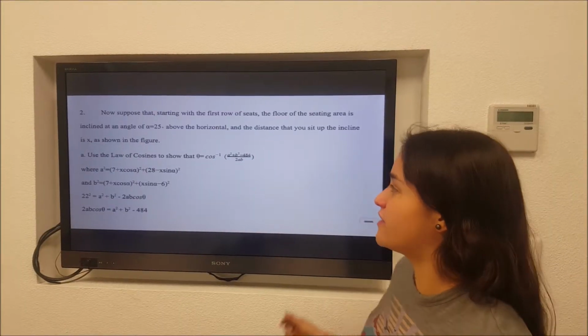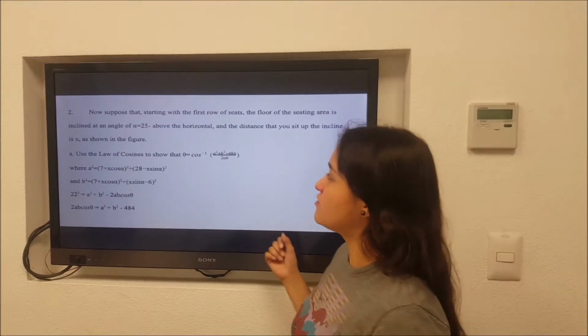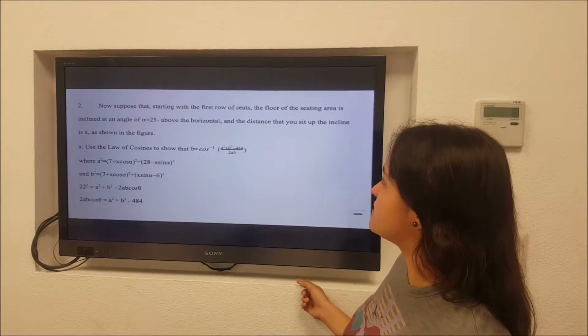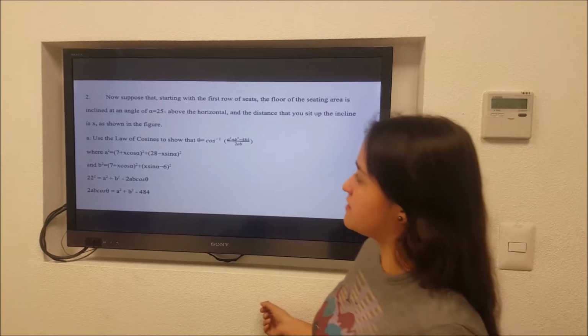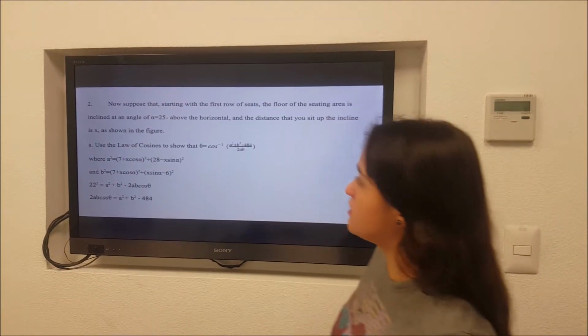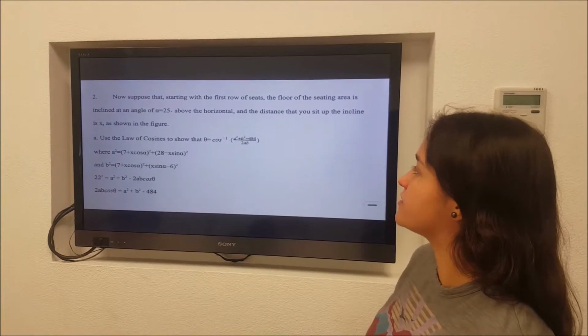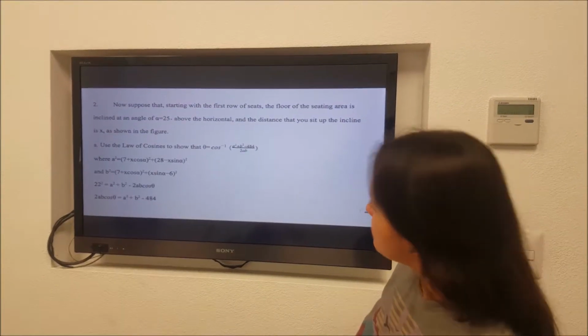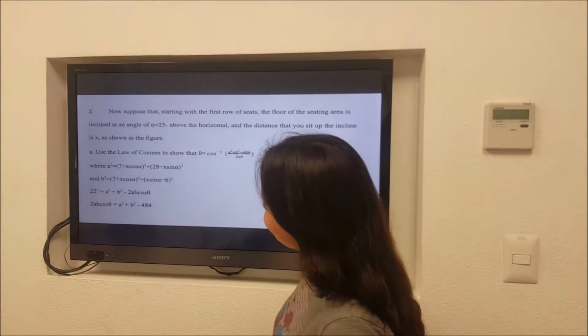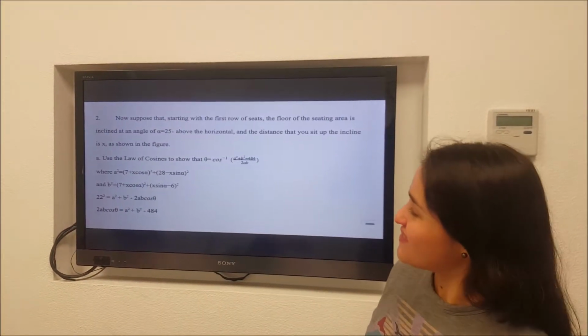So for the second part of the problem, it says, now suppose that starting with the first row of seats, the floor of the seating area is inclined at an angle of alpha equals 25 degrees above the horizontal, and the distance that you see of the incline is x, as shown in the figure.